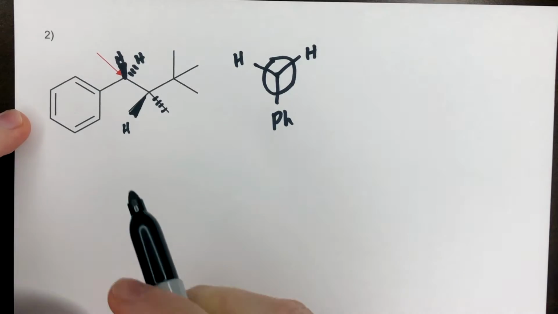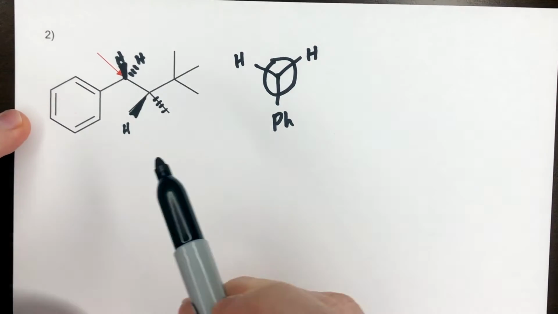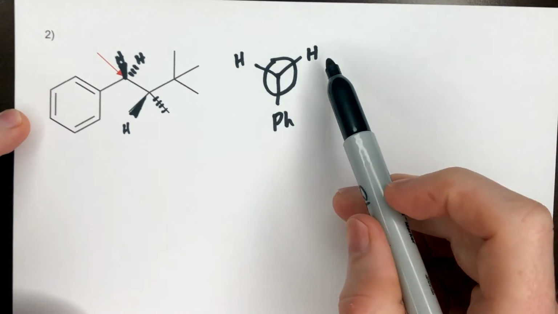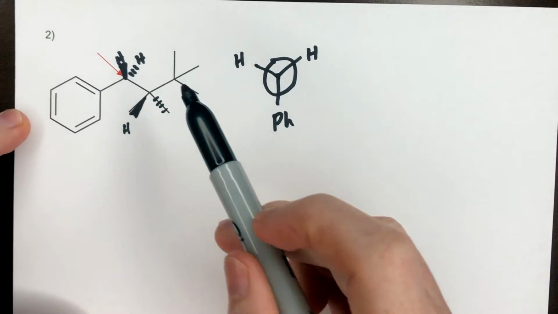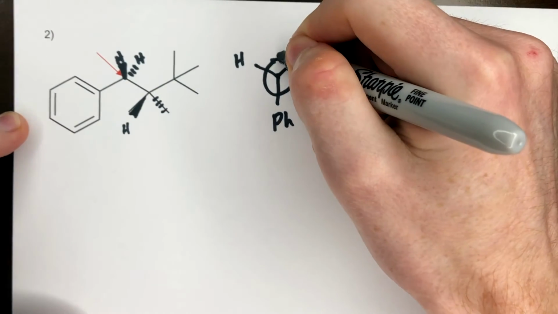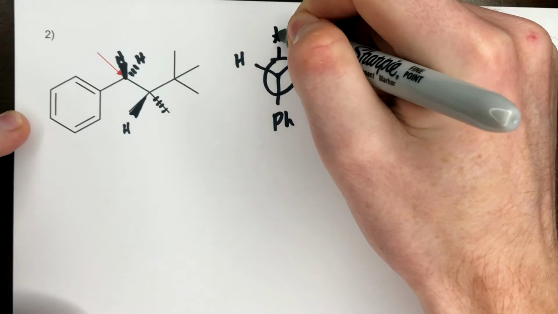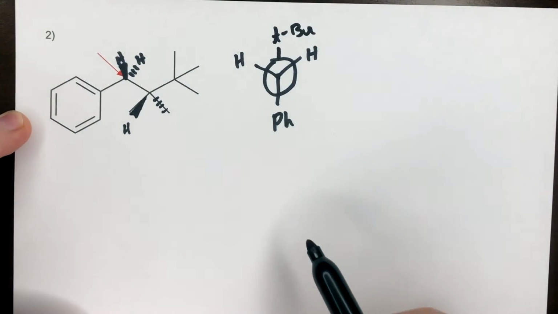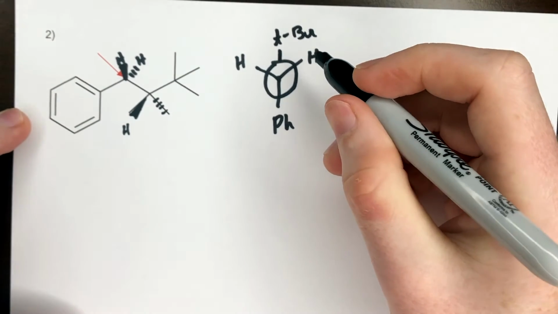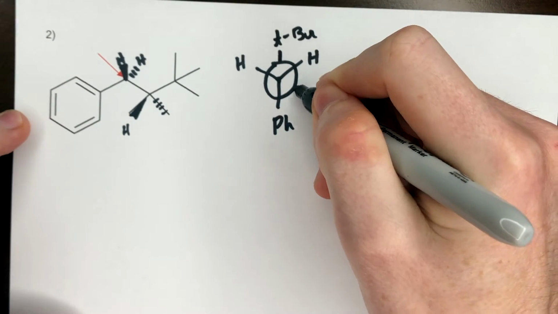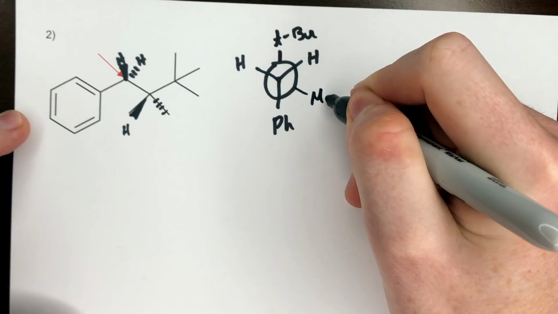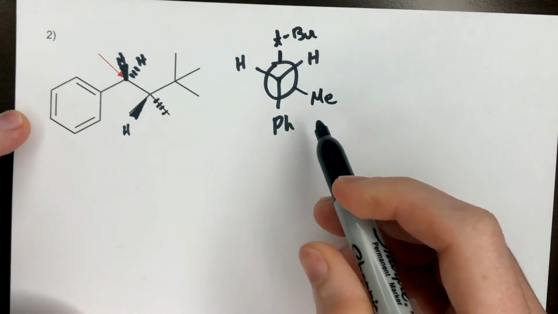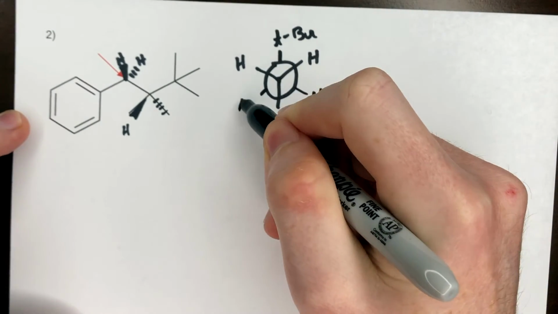So when we rotate that out, it puts the phenyl group down, puts this hydrogen that's out of the plane up and to the right, this hydrogen that's in the plane up and to the left. Then in the back carbon, we have a T-butyl group that's up. It's anti to the phenyl. And then we have a methyl group that was out of the plane, is now here. And then here is the other methyl group.